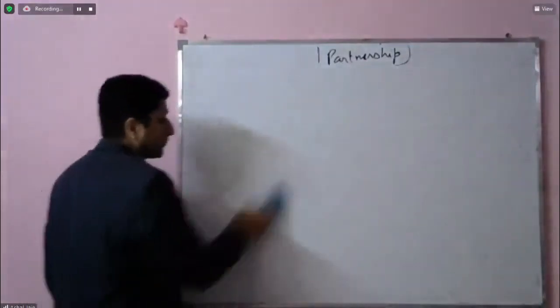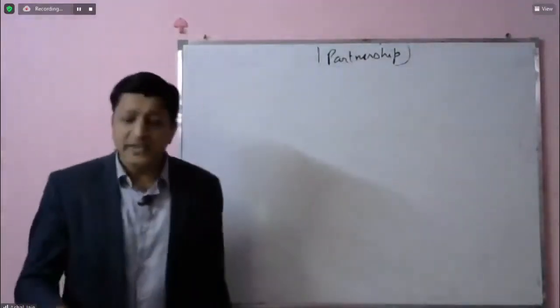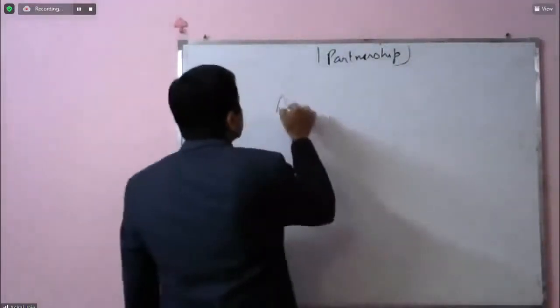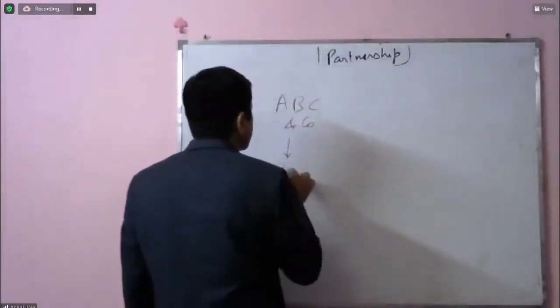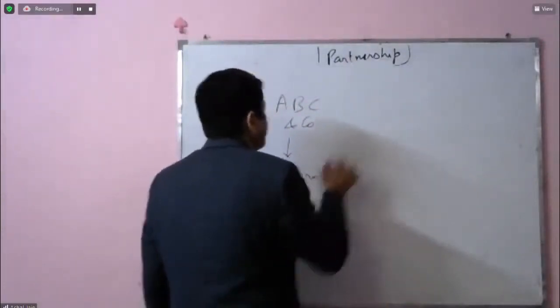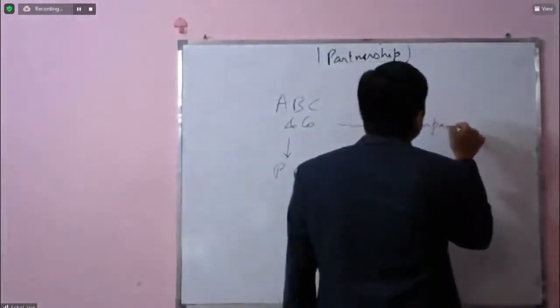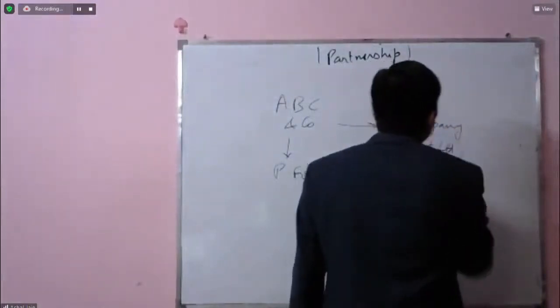It may be taken over by a sole proprietor, by a partnership firm, or by a company, a private limited company or a public limited company. So let's suppose ABC and company, which is a partnership firm, is taken over by a company, say a private limited company.